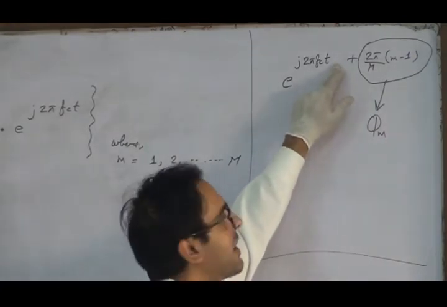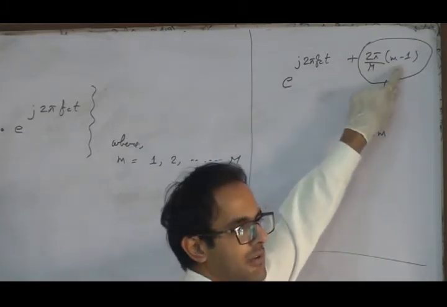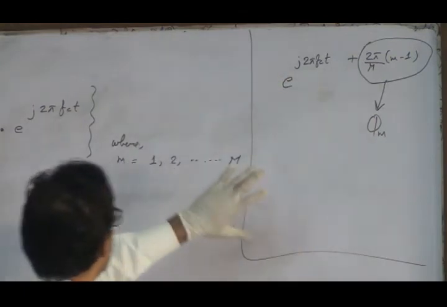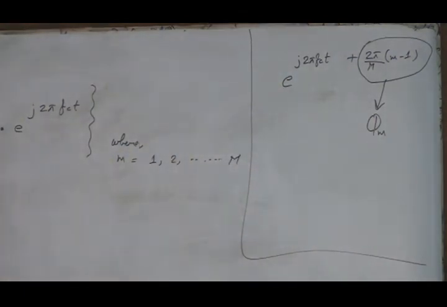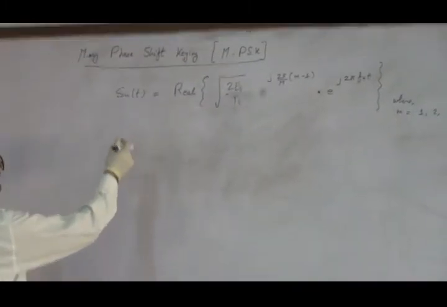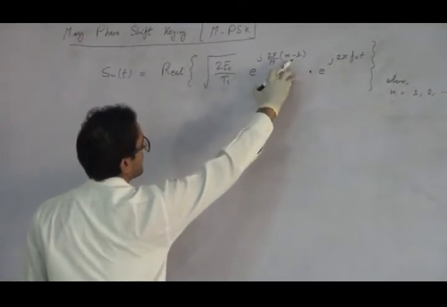So in short, we are embedding the message signal's information into the phase of the carrier term, right? We express it in a general expression like that, and the mth modulated signal is expressed in terms of the index m and the carrier frequency like this.